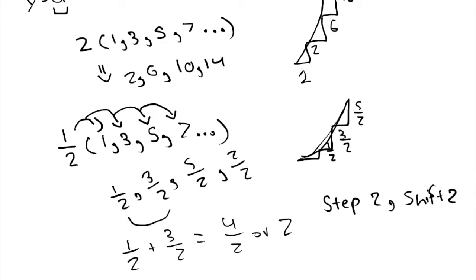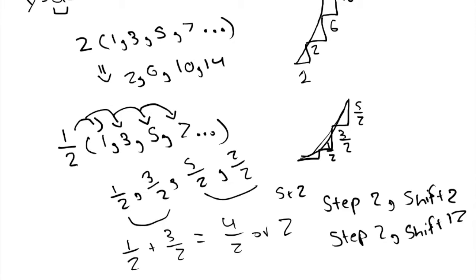We could do the same thing to the other 2 fractions. We could add 5 plus 7, and we could simply do the same thing like we did before and get a step 2 and shift 12, right? It's really that simple. All you have to do is combine the fractions to see where to graph the points of the base parabola.